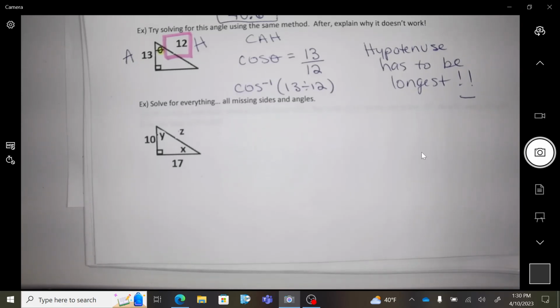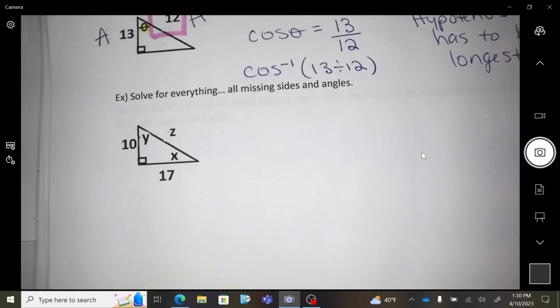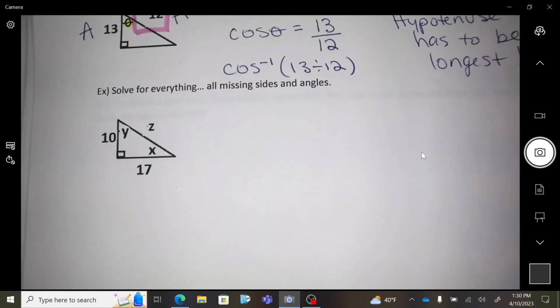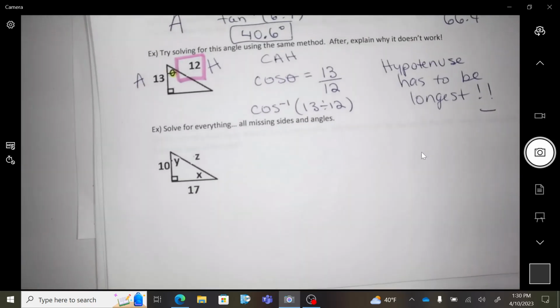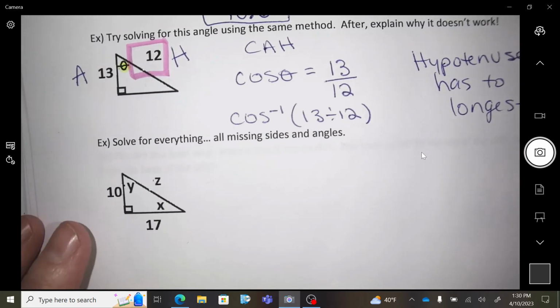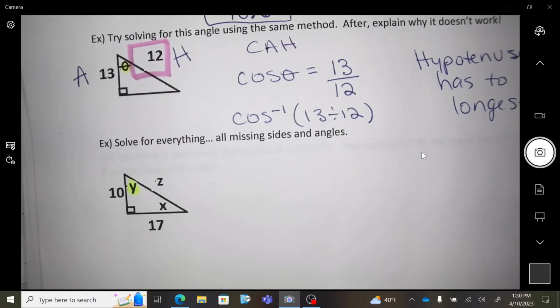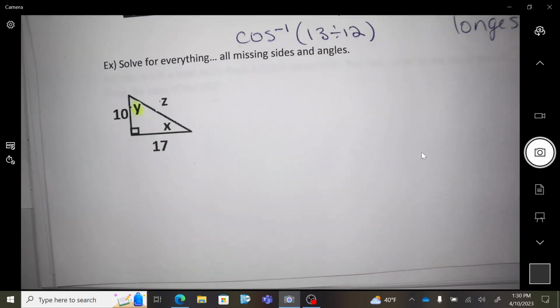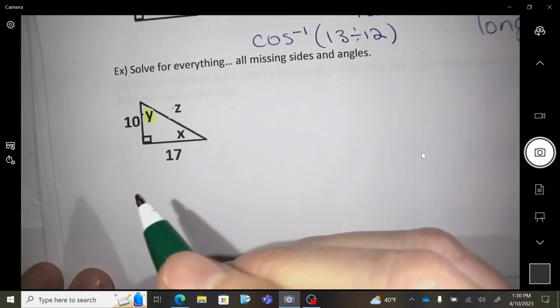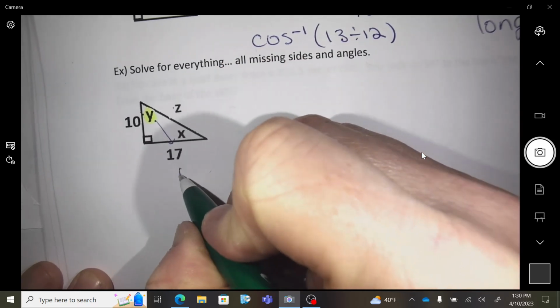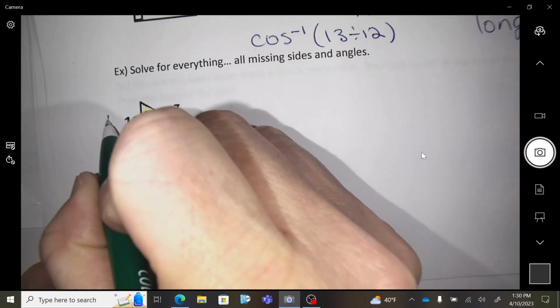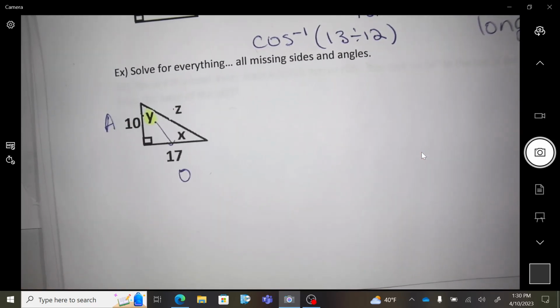Okay, solve for everything. I need you to get me every side, every angle. Okay, what do you want to get first, the x, the y, or the z? The y. Okay, so if I want the y, I would pick the opposite and adjacent sides to the y.